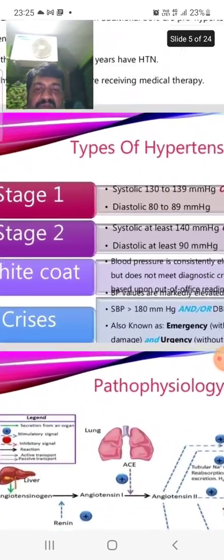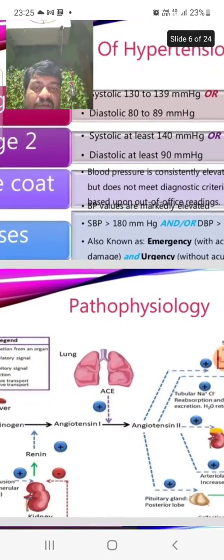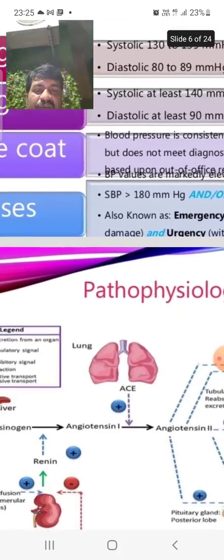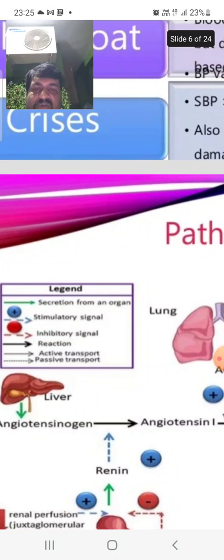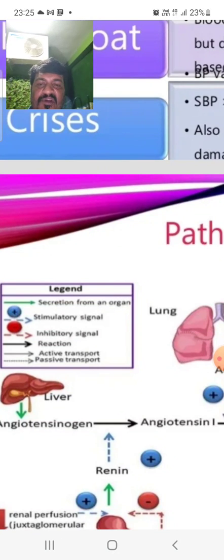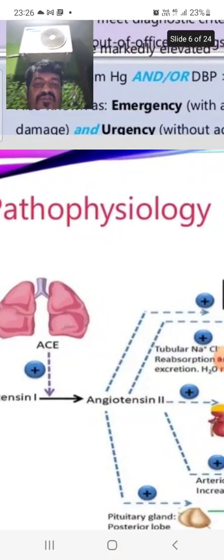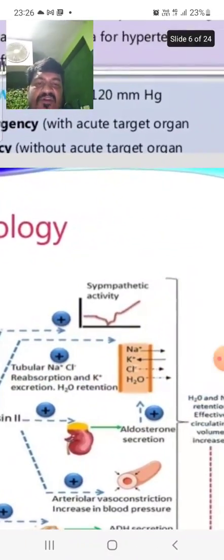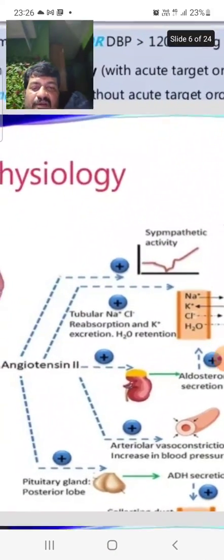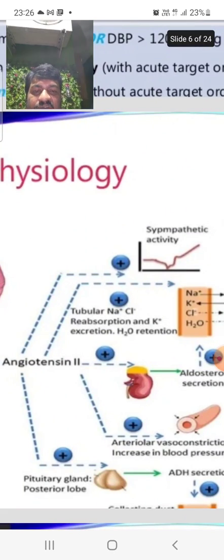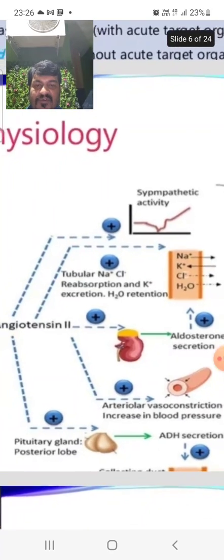But first, we will learn about the pathophysiology of hypertension. Here is the diagram, in which the liver produces angiotensinogen, which leads to angiotensin 1, which is converted to angiotensin 2, which acts upon the kidney, and then aldosterone secretion occurs. The effects of angiotensin 2 are arteriolar vasoconstriction and an increase in blood pressure.